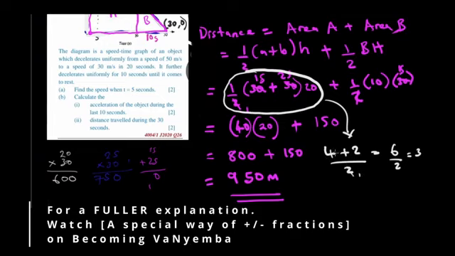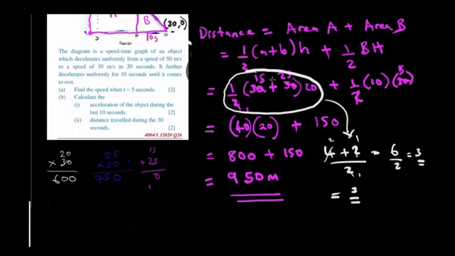So 2 into 2 becomes 1, 2 into 4 becomes 2, and 2 into 2 becomes 1. 2 plus 1 also becomes 3. So this rather, what I did here is a special way of solving problems where we have a fraction multiplied into a bracket which contains either 2 numbers adding or 2 numbers subtracting.